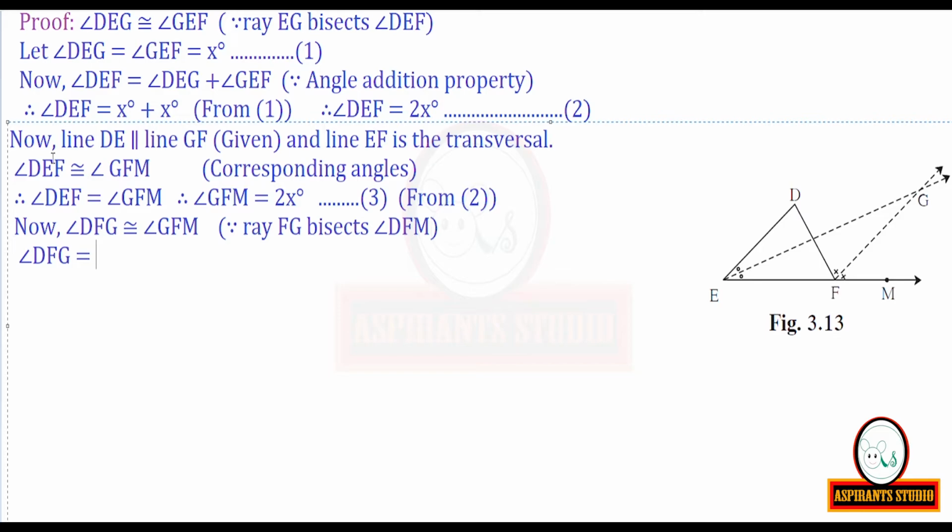Now look at equation number 3. You are given measure of angle GFM to be 2x degrees. Now put that here. So this equation becomes measure of angle DFG is equal to 2x degrees. Within brackets you have to write the reason from equation number 3 and take this to be equation number 4.